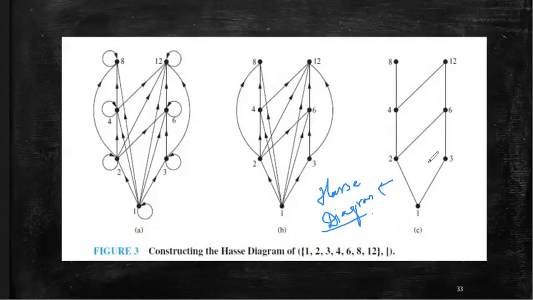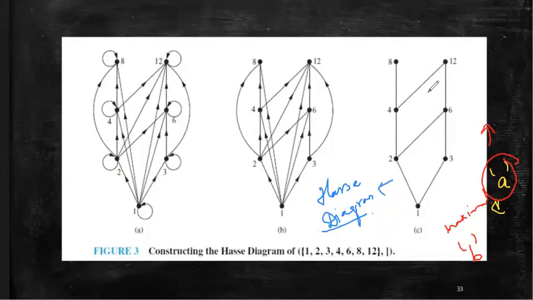Suppose the element name is A. A is known as a maximal element if there is no B in the poset where A is less than B. There is no other element in our poset which is greater than A. That is, in our poset we should find an element such that no element is greater than our A.